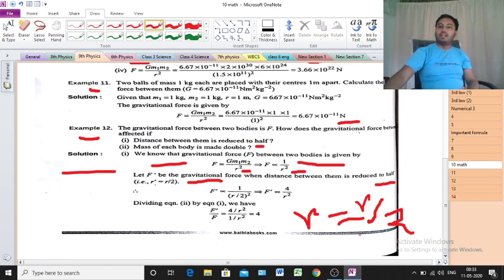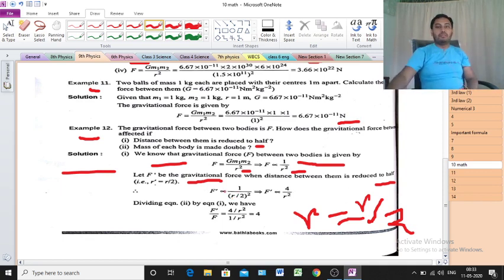r to r by 2. So now put it in this equation, F prime. When r changes to r by 2, there will be a change in the force of attraction. At the first time it is F and in the second case F prime.